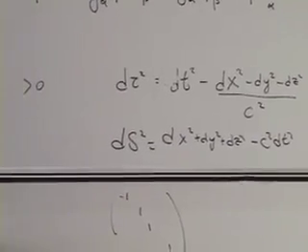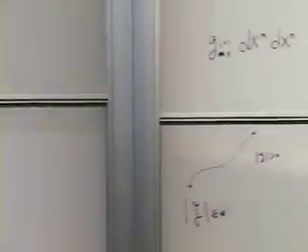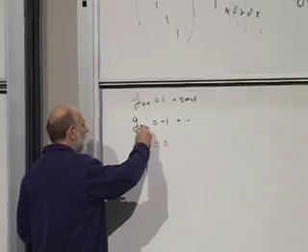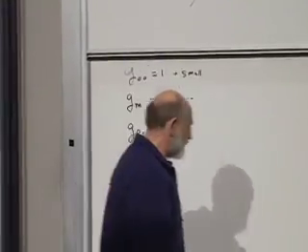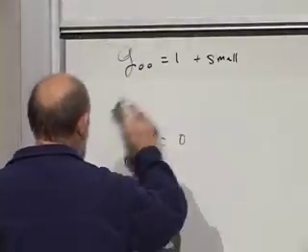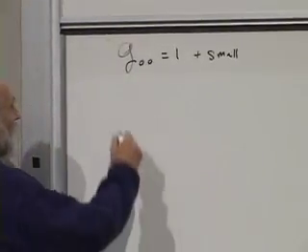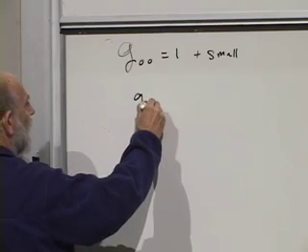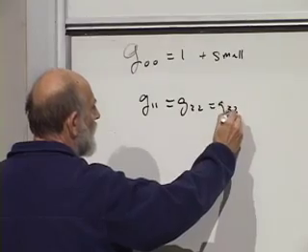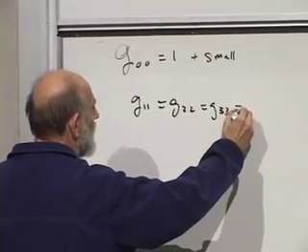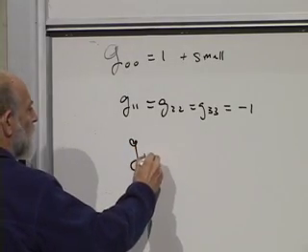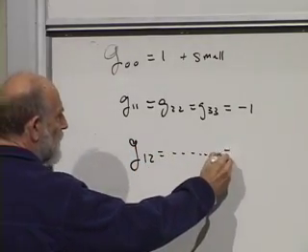Plus small things. We can generalize this. I'm not going to write the Kronecker delta, I'm just going to write that G11 equals G22 equals G33, and so forth, and G12 equals and so on equals 0.